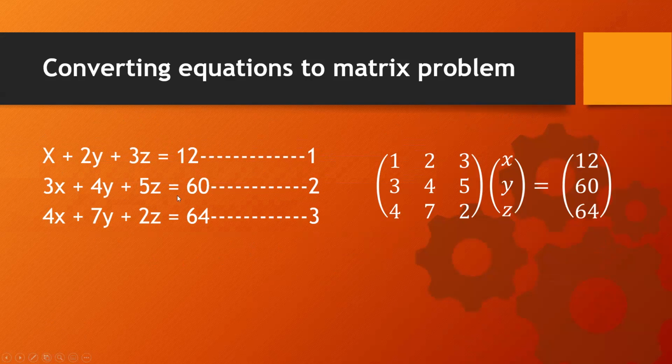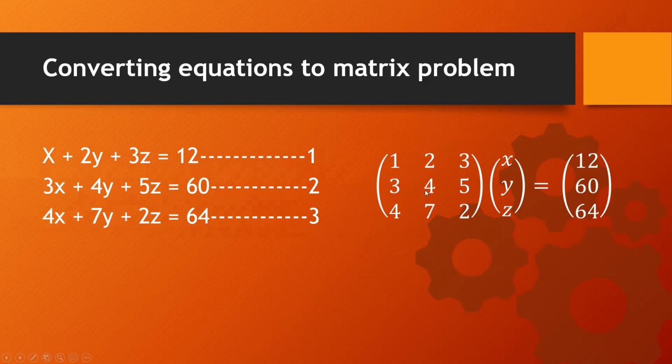The matrix form of this system of equations is this second one. You can see when you're multiplying, what you do is first row multiplied by this column, so then you get this answer. If you look at the first row, 1x plus 2y plus 3z, that is equal to 12. So that is our equation 1.